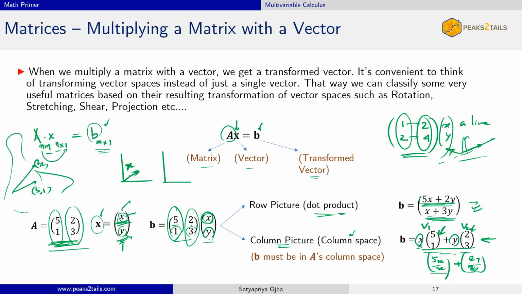It becomes b. But how does b look? I can get all kinds of transformation, starting with no change, b equal to x. When will this be, guys? Any ideas? A transformed vector which is exactly the same as the original vector. What does A have to be for the transformed vector to be exactly the same as the original vector?